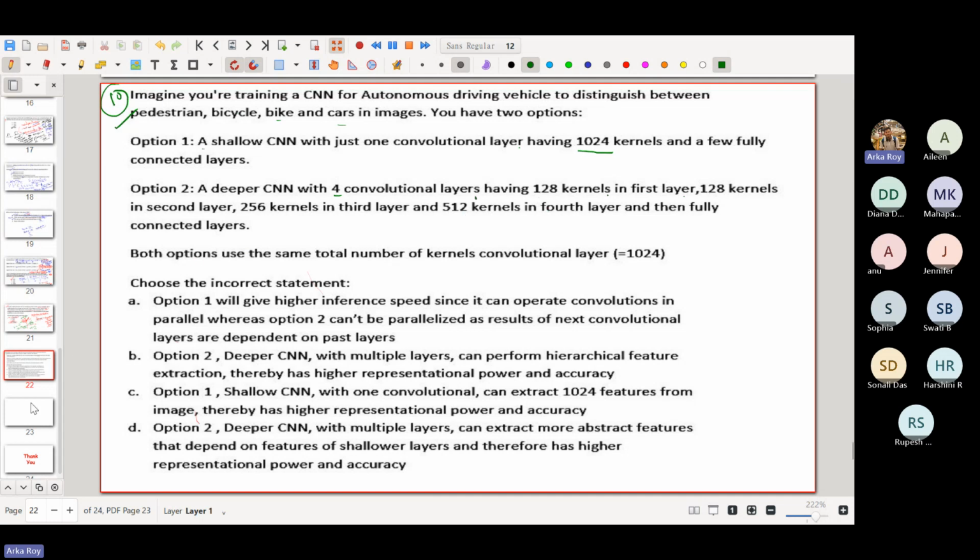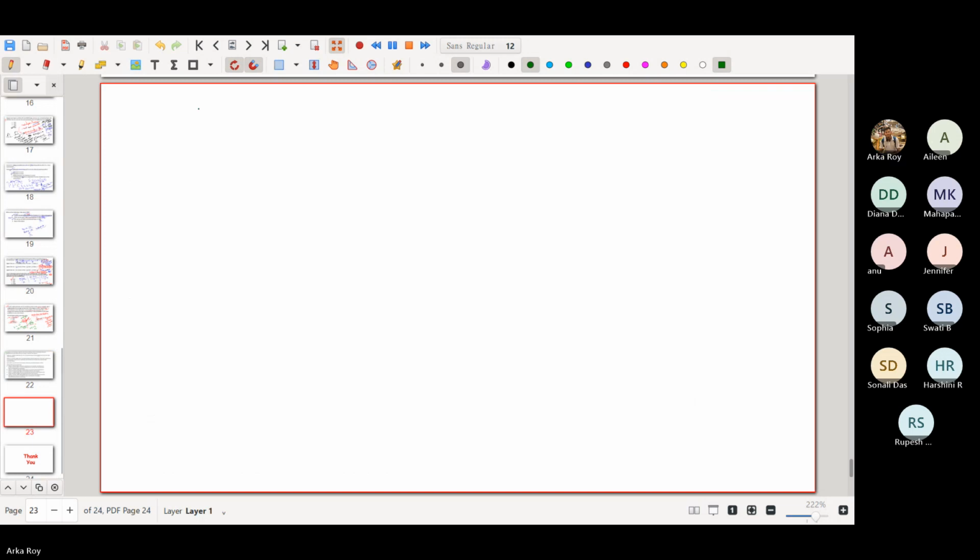If I plot the arrangement over here, for statement 1 you have only one CNN layer with 124 filters, and let's say two fully connected layers, and lastly a classification for 4 classes.